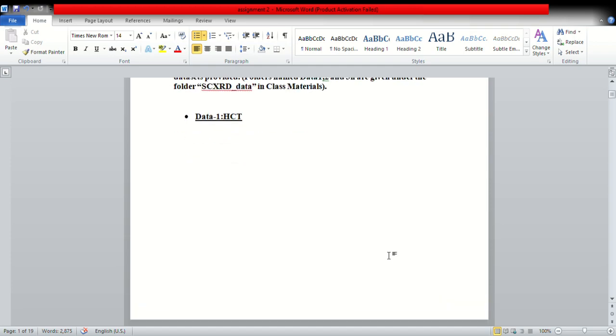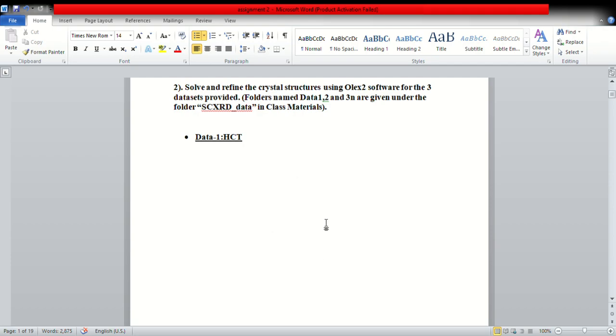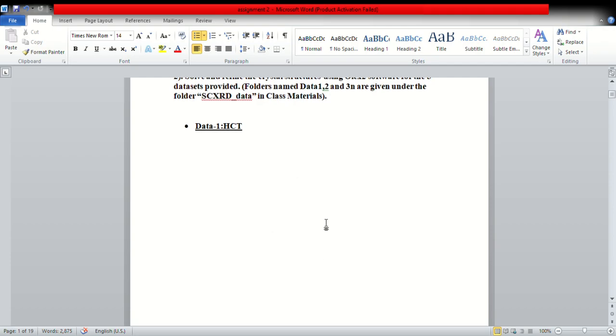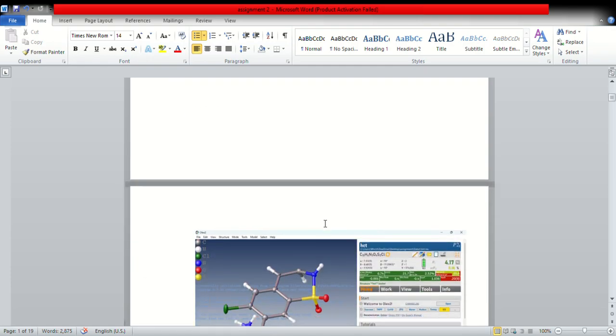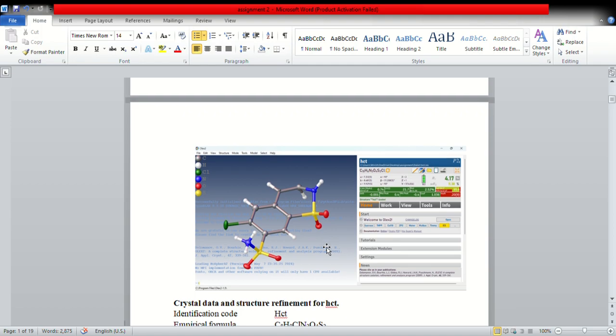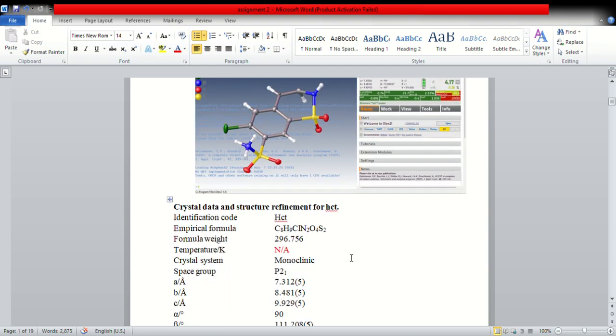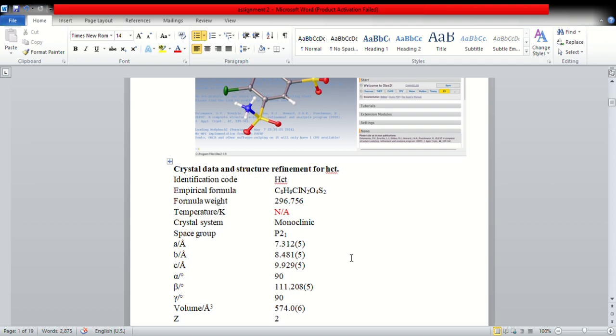Here in data 1, we took the ins file and solved it using the OLEX2 software. Here is the structure solved, and here are the parameters that I have mentioned, which are obtained from the report column of the software.